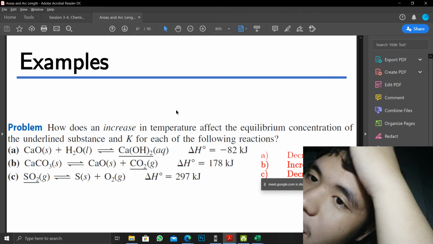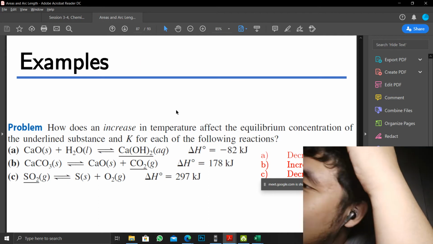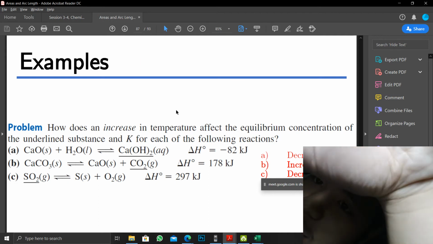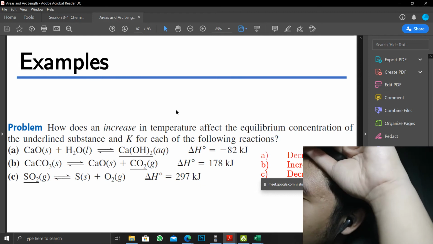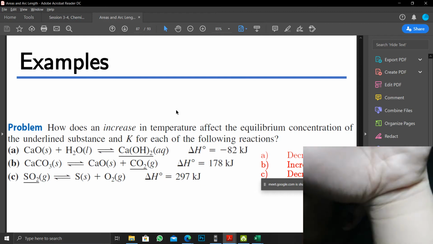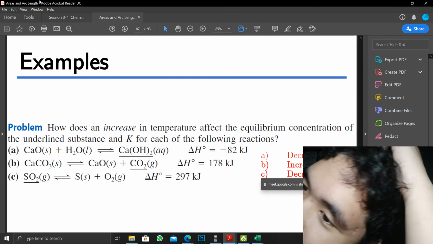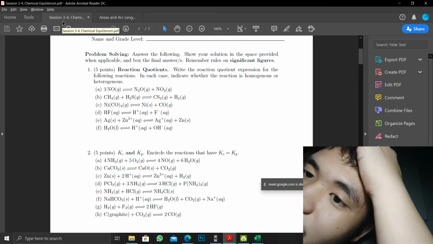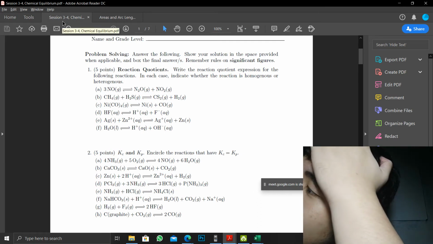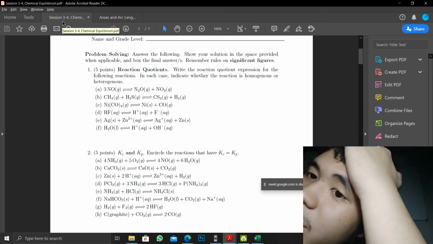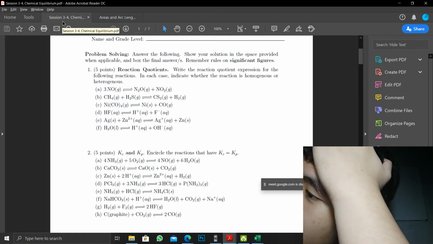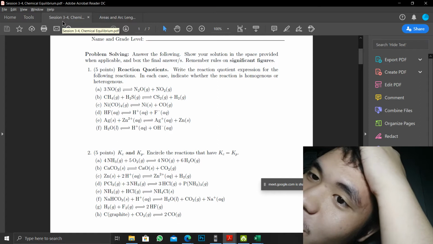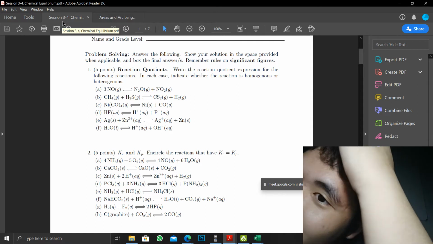QC, homogeneous, H2, CS2, CH4, H2S, QC, teka, homogeneous, letter C, heterogeneous, NiCO4, okay?